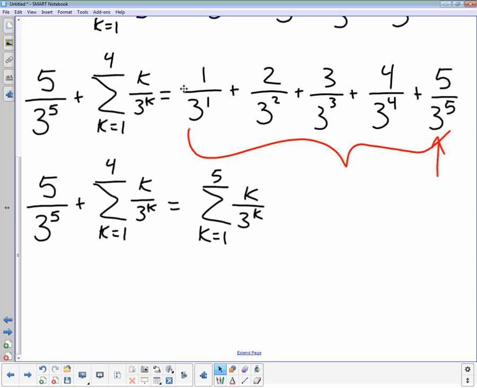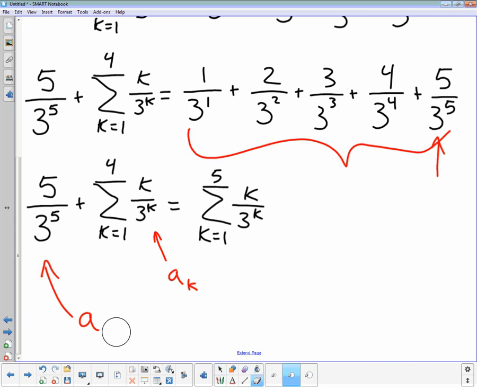Okay, and let's generalize it and say that if that is a to the k, the kth term, whatever k is, then this guy here on the left is the a to the k plus 1 term. It's the next term down the line. Actually, I shouldn't say k plus 1.